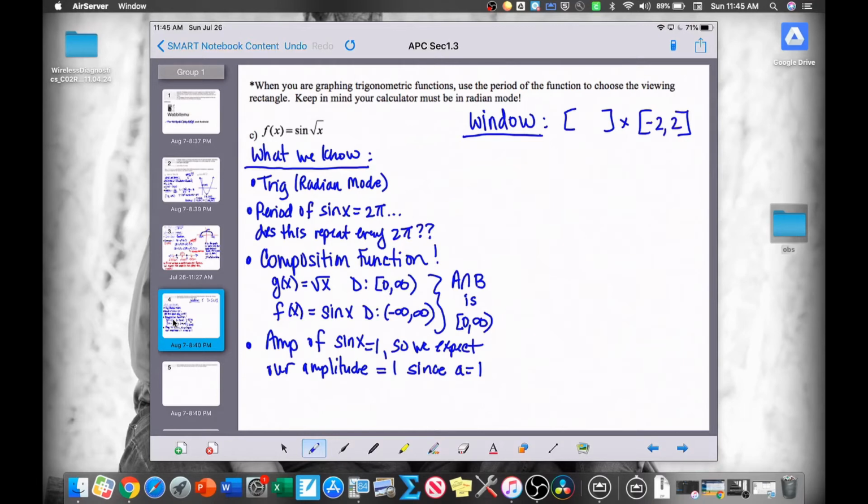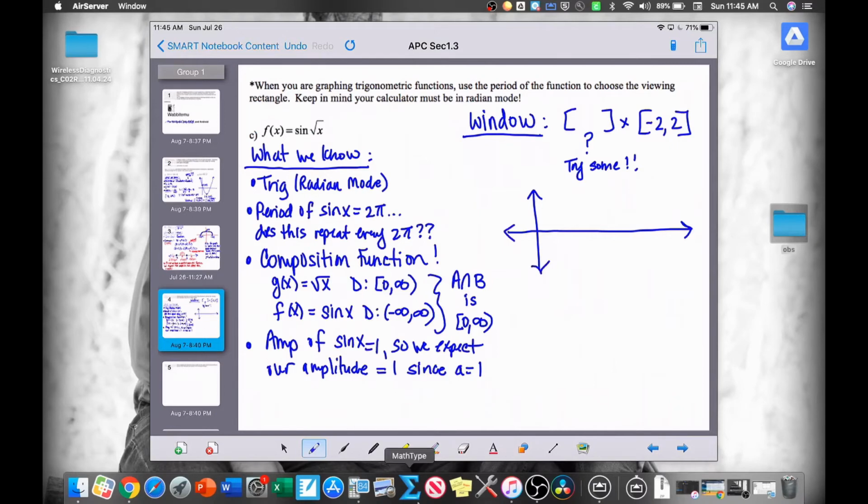But the question is, we don't know what our x values should be, okay? So the only thing that we're going to be able to try is just to plug some numbers in, right? Try some, figure it out, see what it looks like, okay? But we know we're going to be graphing something that's going to be starting at 0.